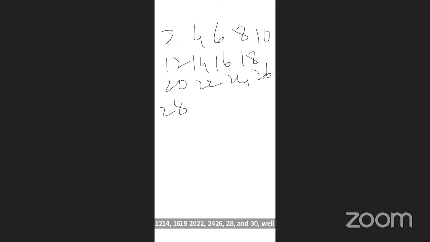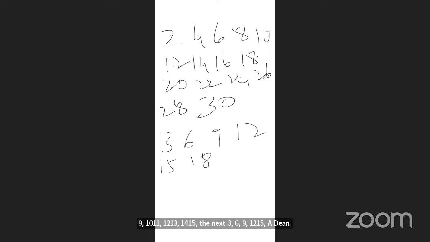That is 15. The next, divisible by 3: 3, 6, 9, 12, 15, 18, 21, 24, 27, and 30. That is 10.